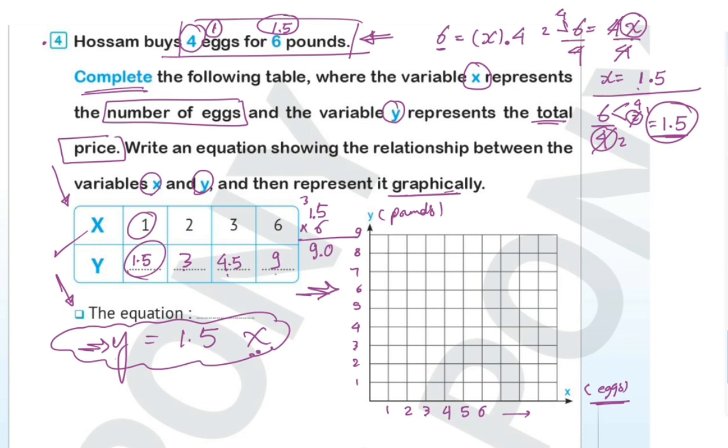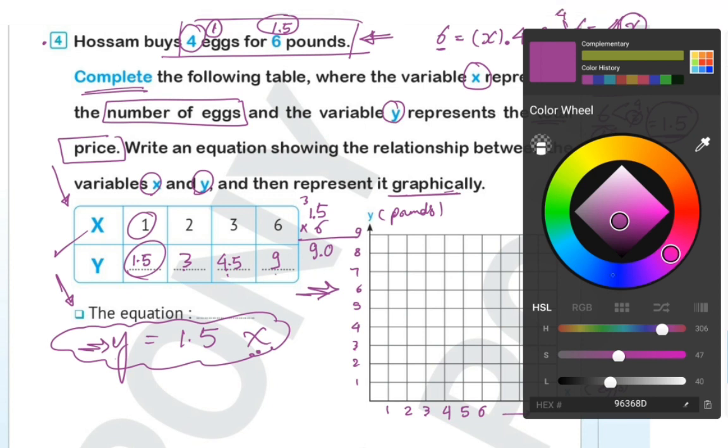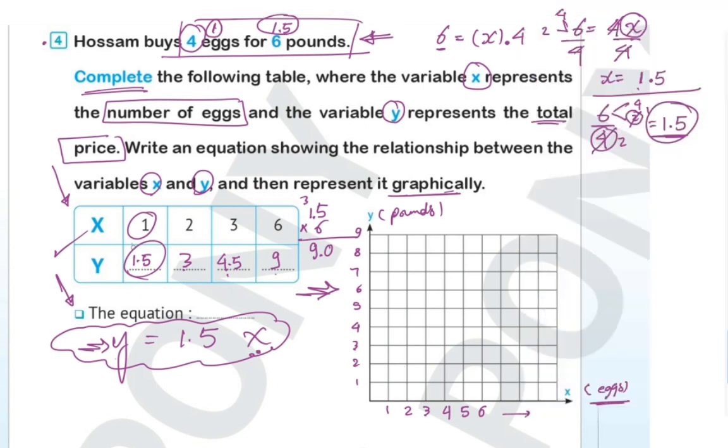Okay, now first one, x is 1, y is 1.5. x is 1 here, but on the y-axis I have 1.5. That means the middle between 1 and 2. Here we have 1.5. Okay, and here we have 1. So now go up from 1 here to meet 1.5 here. So it's the first point.